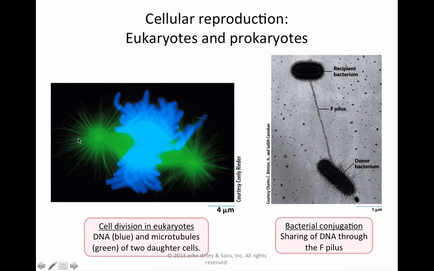We have this mitotic spindle here in green, so these are microtubules that are going to pull apart the chromosomes. So in blue here is DNA in the form of chromosomes, and we split those two copies of our genes apart and make two daughter cells.